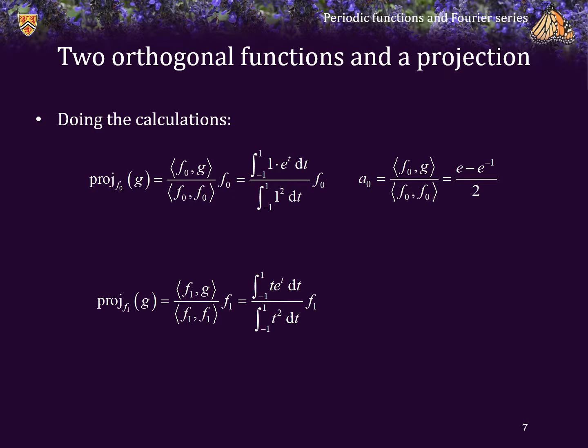Similarly, the projection of the periodic extension of the exponential function onto the periodic extension of the function t on the interval -1 to 1, which is the sawtooth function, well, once again, we can do this same calculation, and this gives us that the coefficient a1 is just 3 times the reciprocal of e.